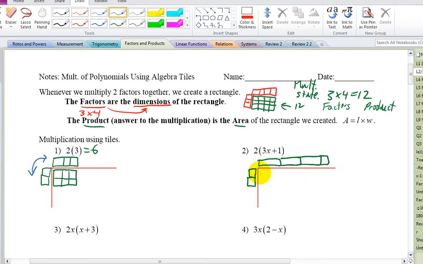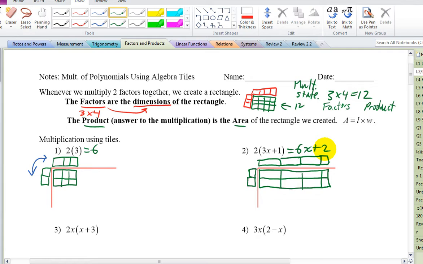Okay. So now you can extend your lines. Trace your lines on the inside, going down and going across. So what do you have? 6x plus 2.